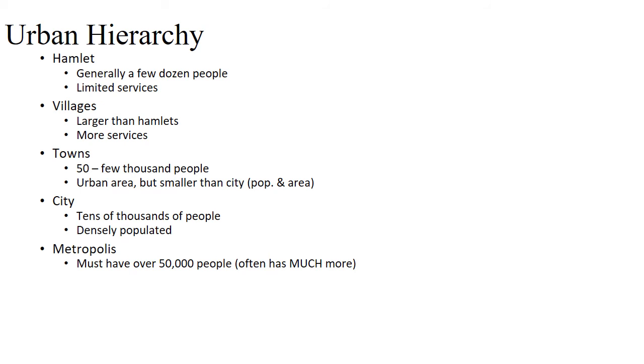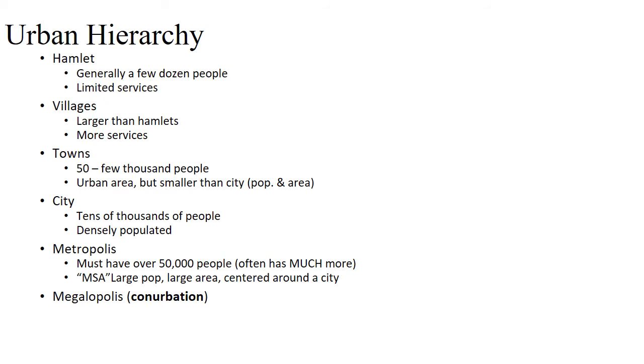It's going to have at least some core area of 50,000 people, although it often has a lot more than that if we're calling it a metropolis. But again, the best thing to think of is an MSA, where you've got this very large population, very large land area, all centered around some kind of core city.